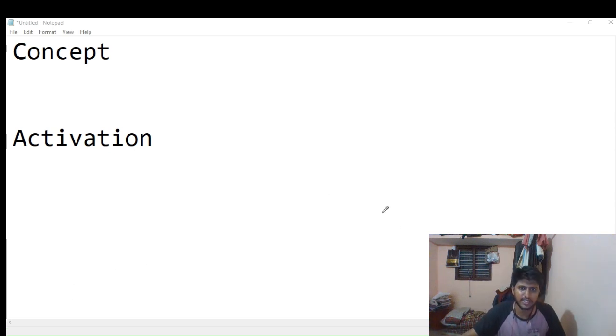There is another common type of activation function, which is nothing but ReLU. What is ReLU? In short form, it is a rectified linear unit.